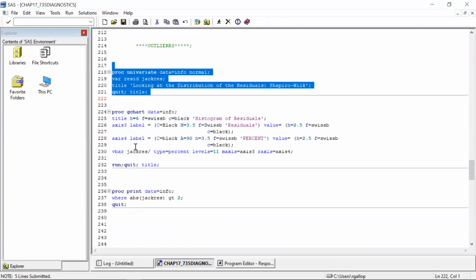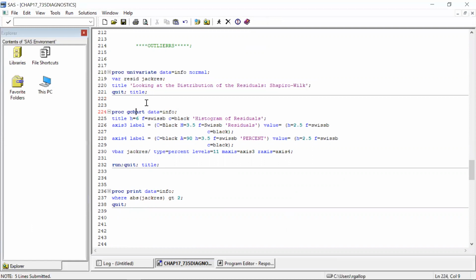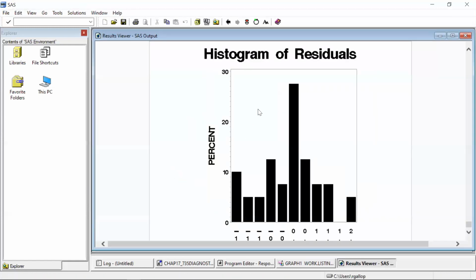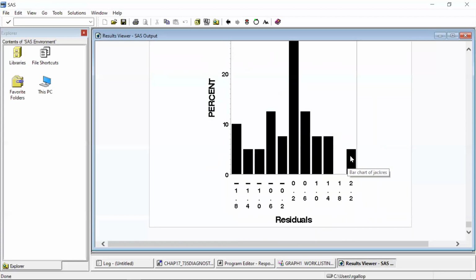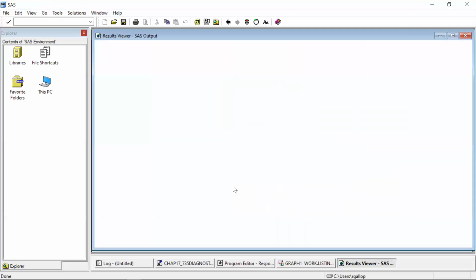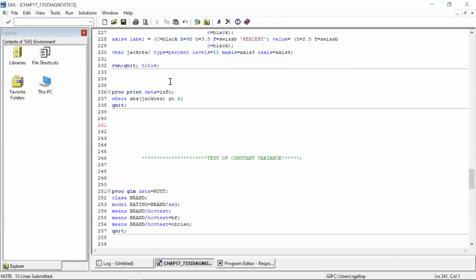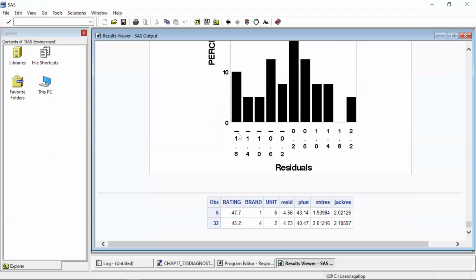This one, I'm giving you a chart of the jackknife residuals. You can see in this case we got the big one back here on the borderline. What I'm doing right now is printing out where the absolute value of the jackknife residual is greater than 2. So I got these two observations.